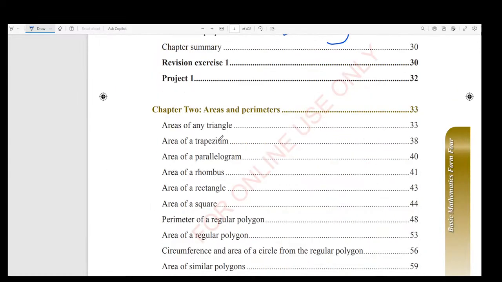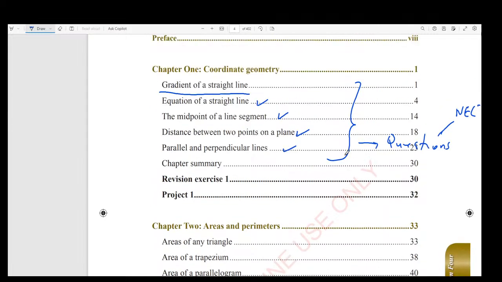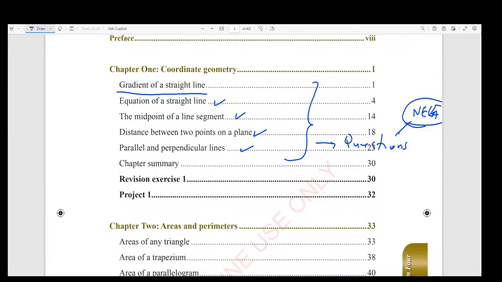So I think you are going to be exposed to a very important concept where you will be able to master the concept of coordinate geometry, and specifically here, we will be checking how questions come from national exams.